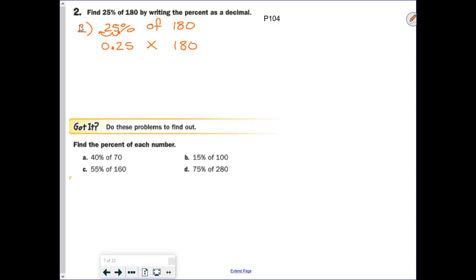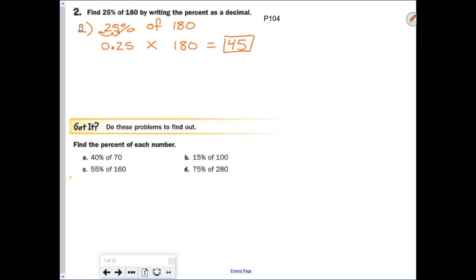Now, we're allowed to use our calculators in this chapter, so you could go ahead at this point and take 0.25 and multiply it times 180. And what you should find out is the answer is 45. So 25% of 180 equals 45.